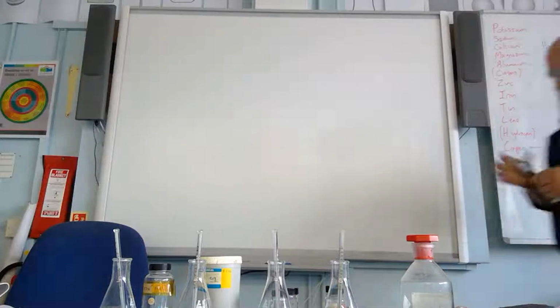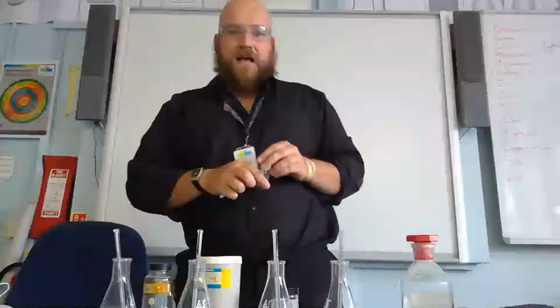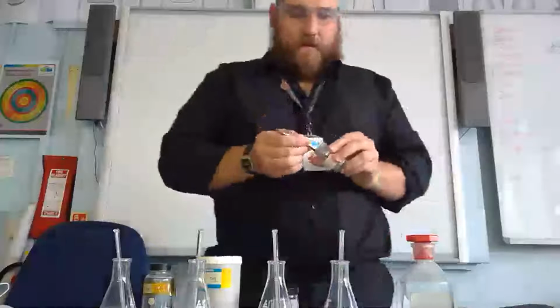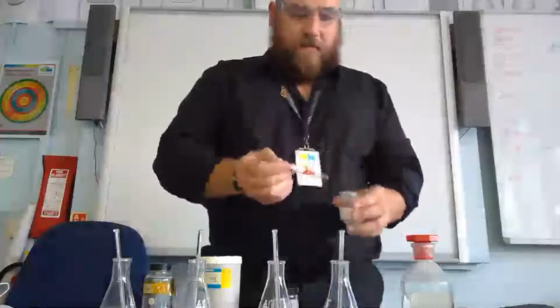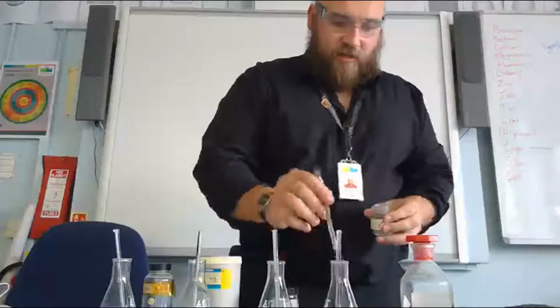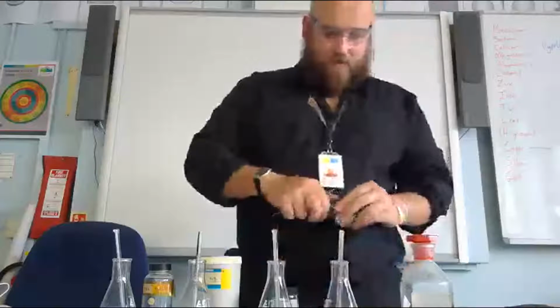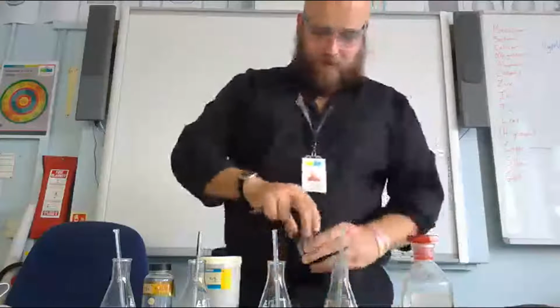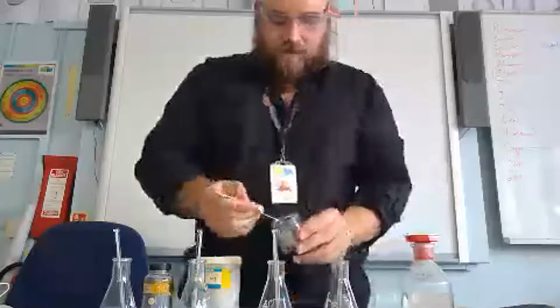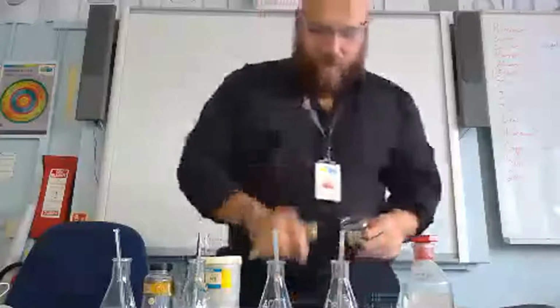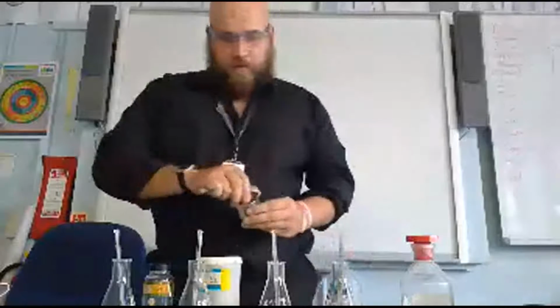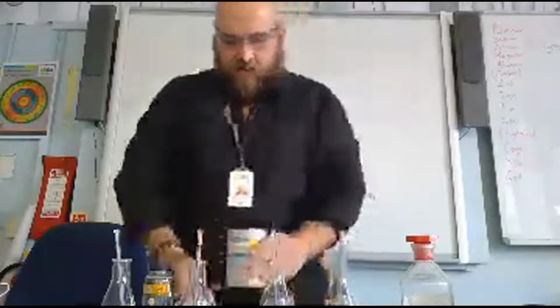Okay, you should weigh specific masses of these metals, but I'm not going to do that, all right, because time. So I'm just going to put about a spatula of each metal in, and then we'll see what happens.